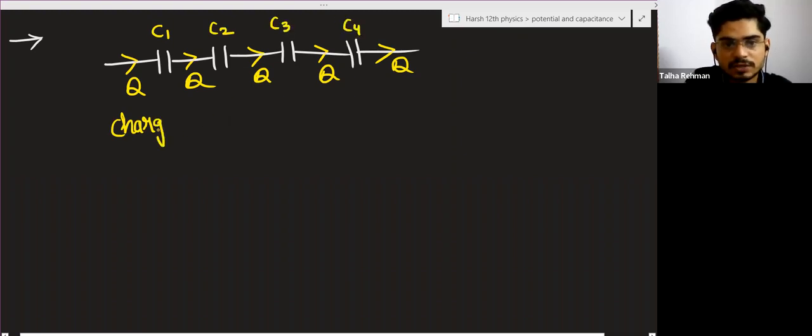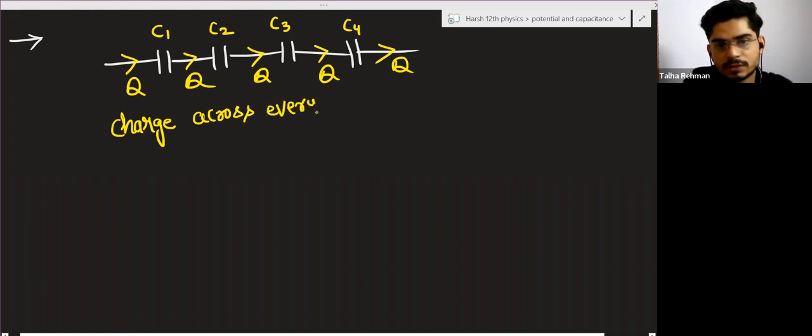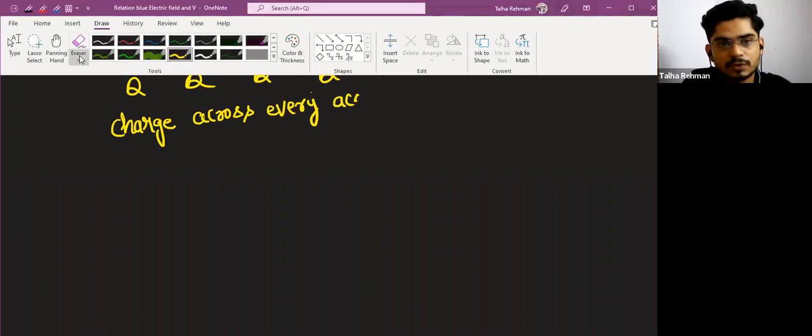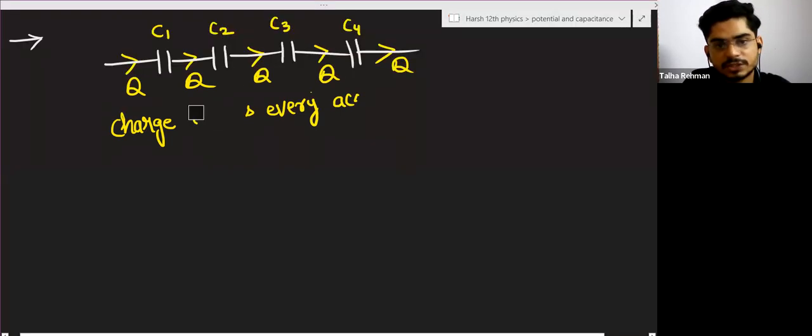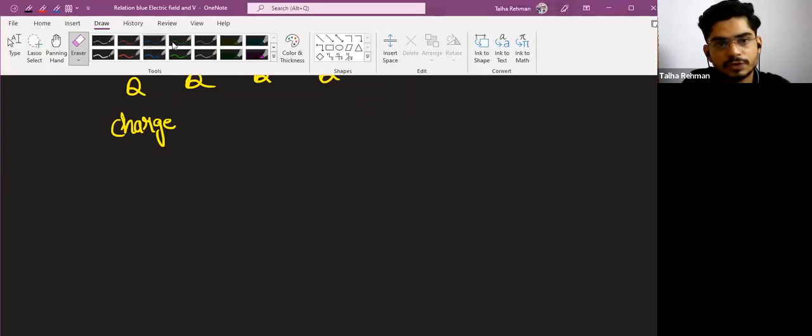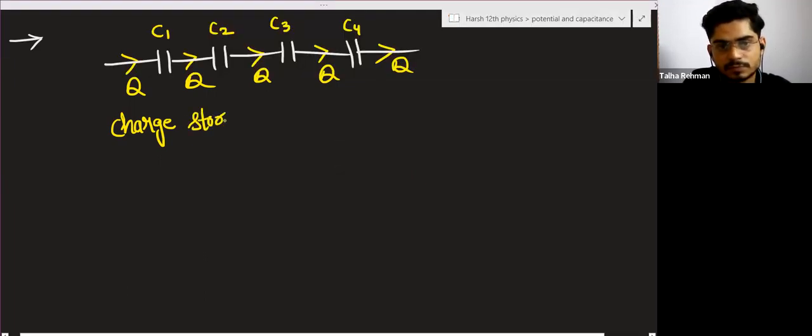So you can say the charge across every capacitor will remain same, or it is better to write that the charge stored is same for each capacitor.